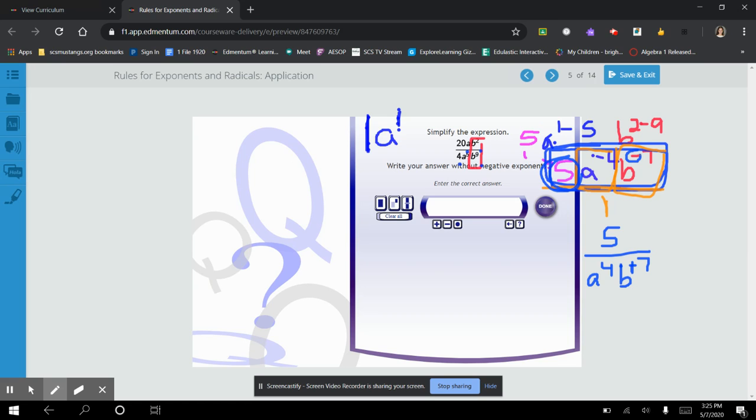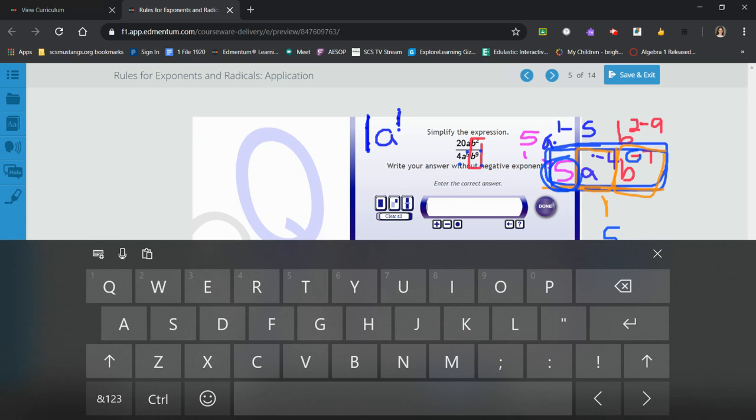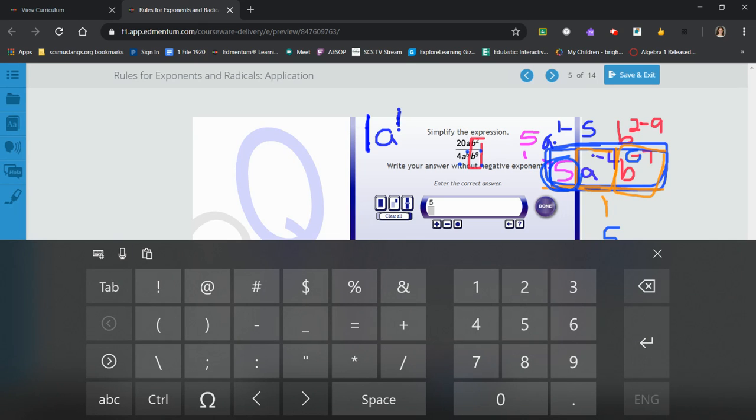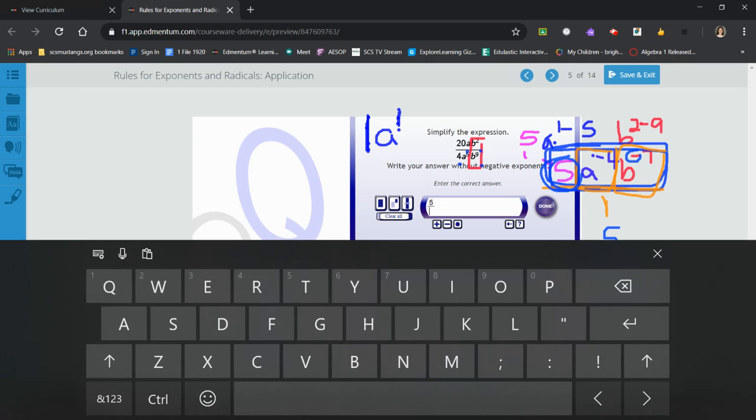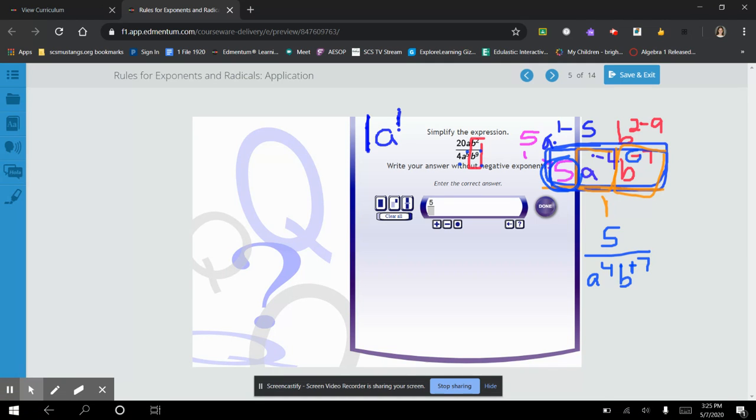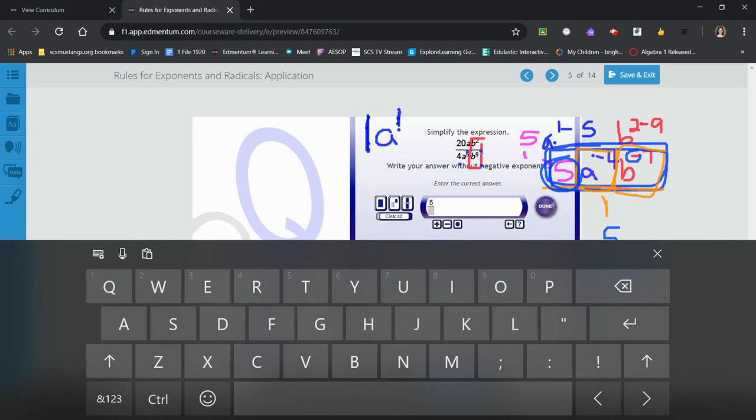So if I'm going to type that in, I'll type 1 in with you and then let you do the others on your own. If I type 1 in, I'm going to start out and say I have a fraction. My numerator is going to be 5, and then push the down arrow to get to the bottom, a to the fourth, b to the 7th.